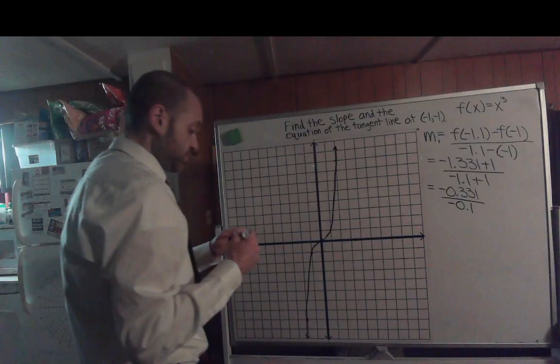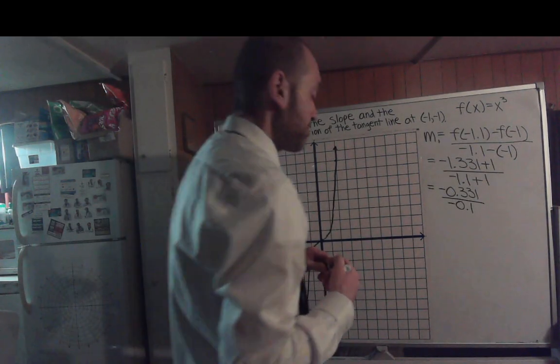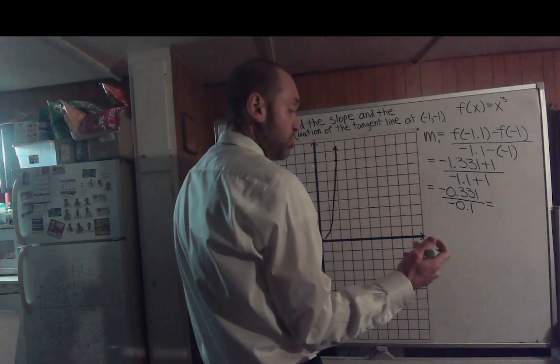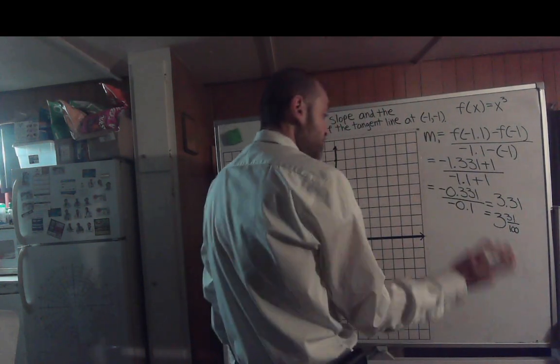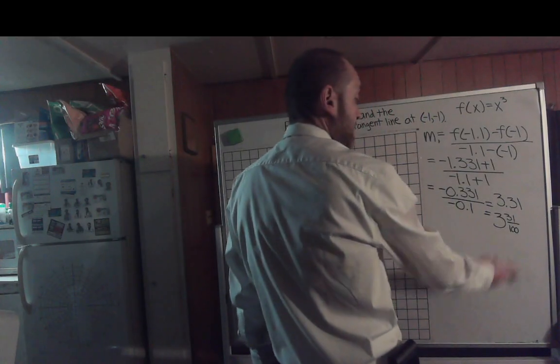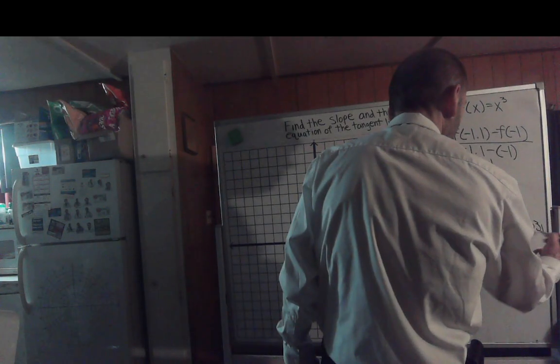Well, your negatives are going to cancel out for sure. You would end up getting a slope of 3.31, or that's 3 31/100ths, which, if we made this an improper fraction, would give you 331 over 100.